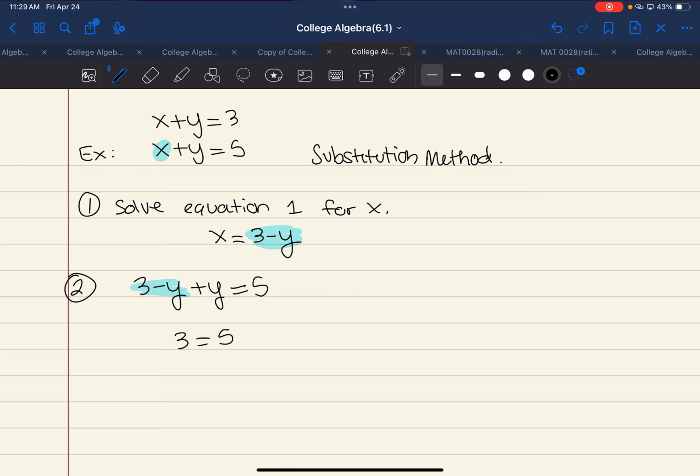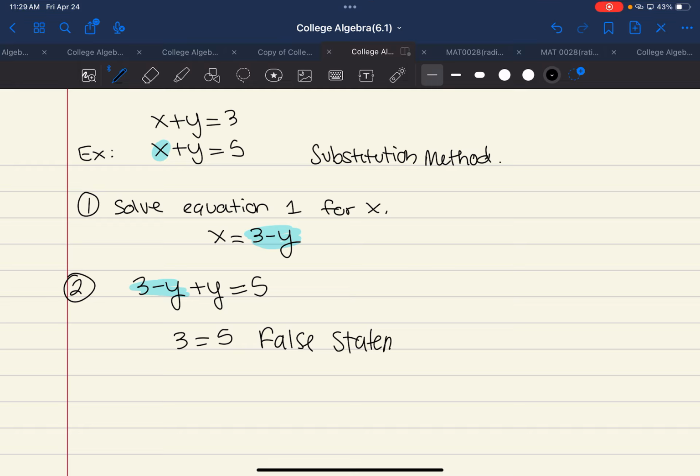And this is a false statement. So remember when we learned how to solve just linear equations? If everything canceled and it was false, then it was no solution. There's no solution to that equation. So this is very similar. If everything cancels, no matter what method you use, and it's a false statement, then this is no solution, which means it's inconsistent.